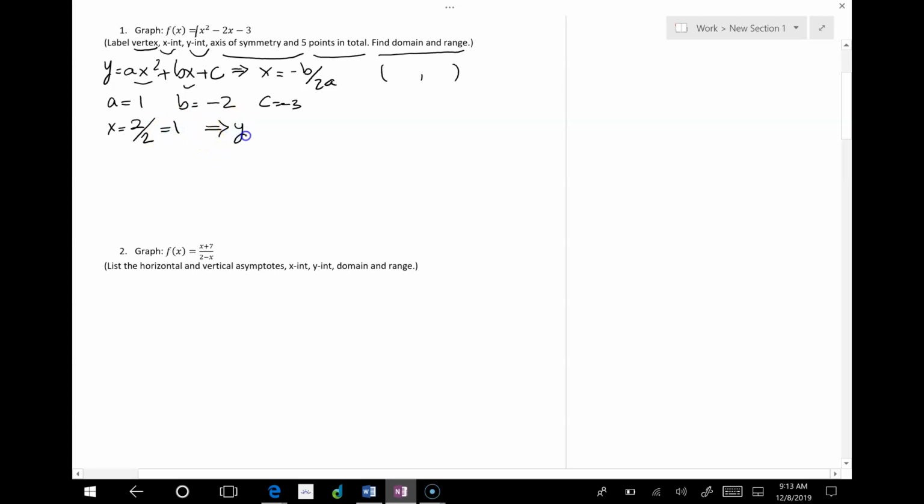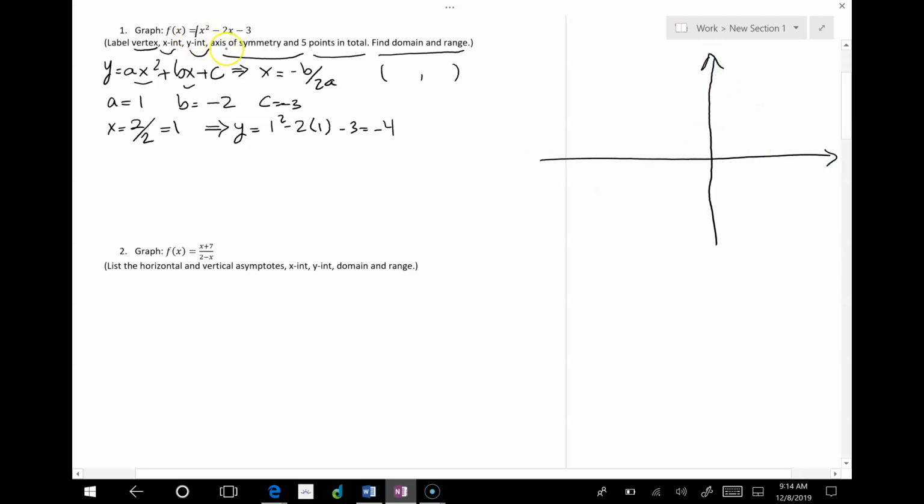And then y is equal to 1 squared minus 2 times 1 minus 3, and that would be equal to negative 4. So right here, we have the vertex. So you can start graphing as soon as you have points.